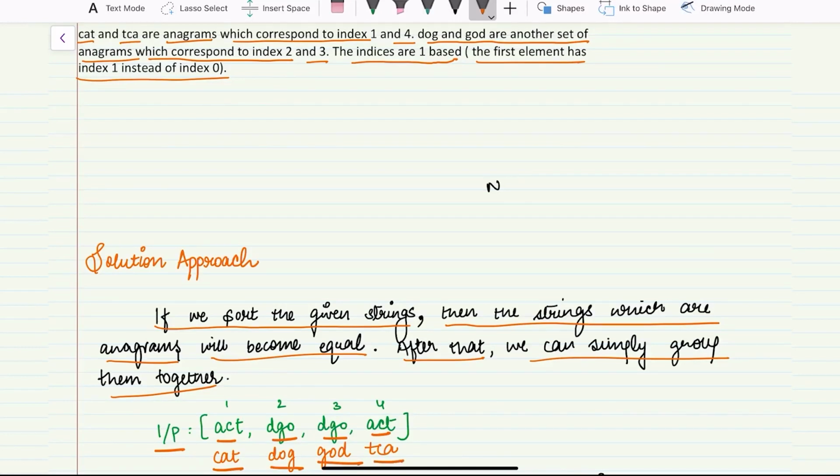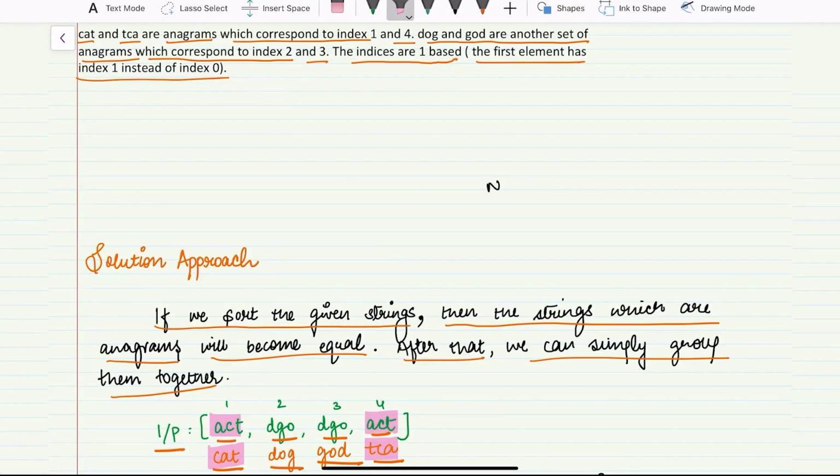Now we know that a group of anagrams can be represented by a key, which is nothing but the string we get after sorting the characters present in those strings. So here both cat and tca are anagrams and they can be represented by the string act, which we got after sorting the characters present in them.